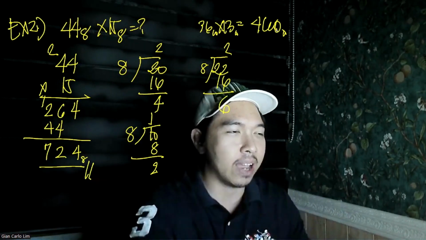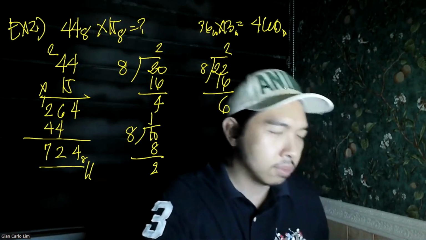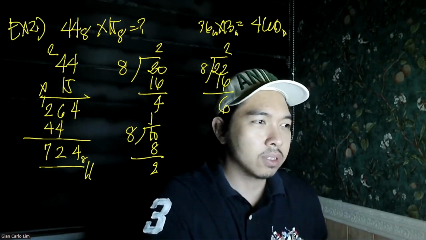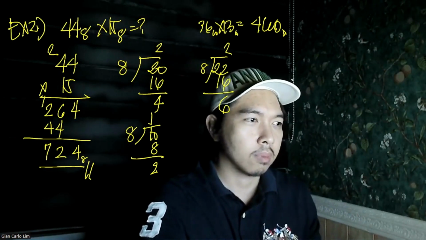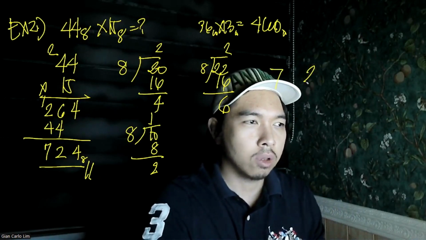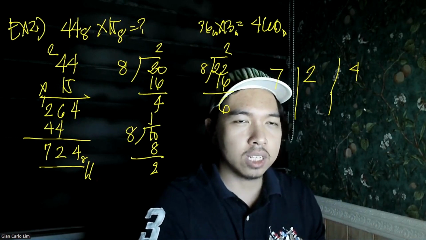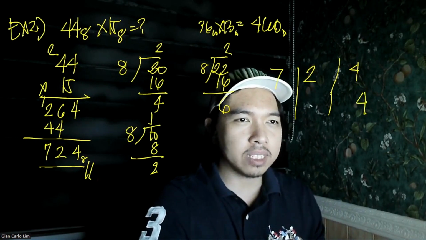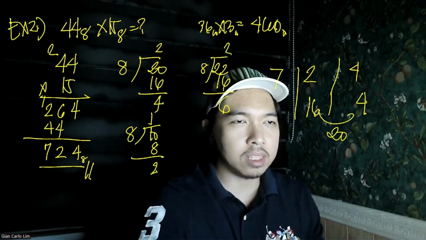Okay, so let's verify. So 724. 7, 2, 4. So this would still be 4. 2 times 8 would then be equal to 16. So this becomes 20. Okay.